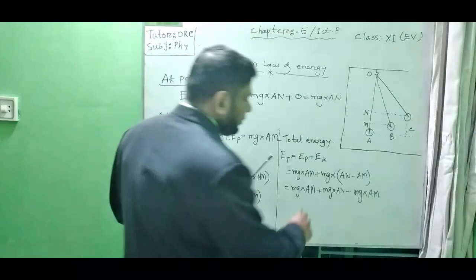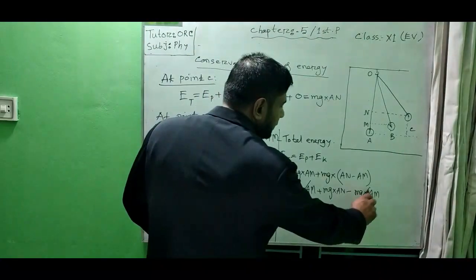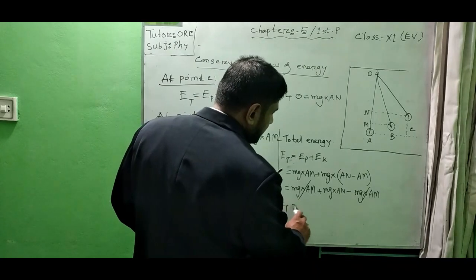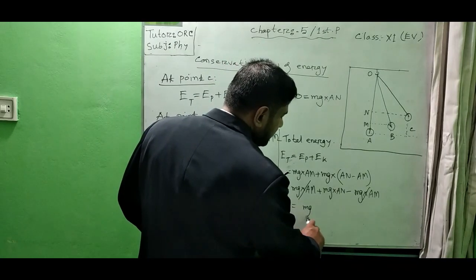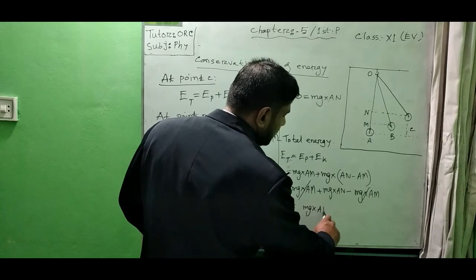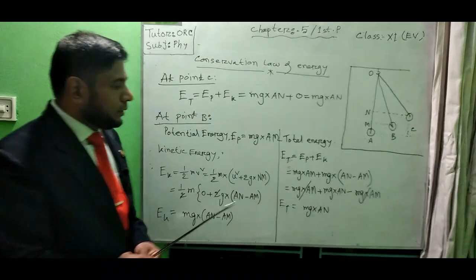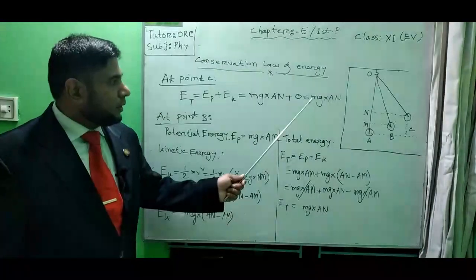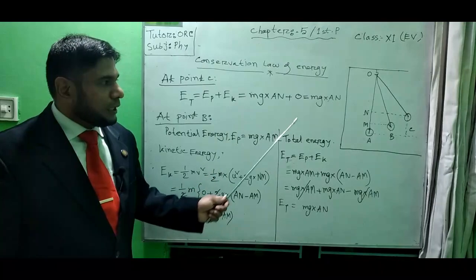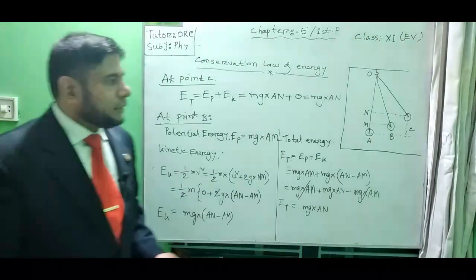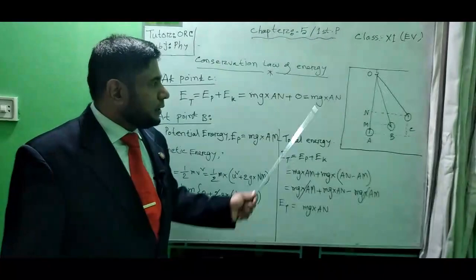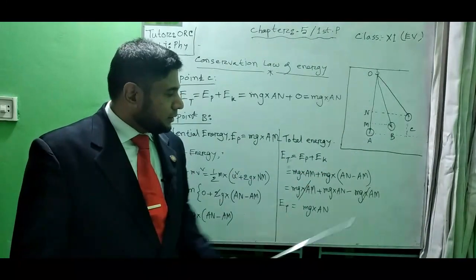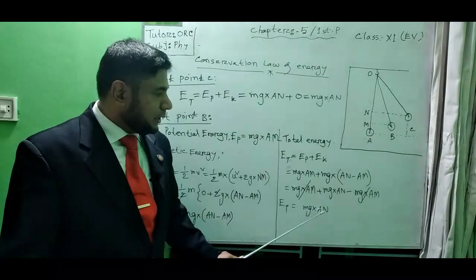So the total energy will be mg into AN. So at point C we have seen that the total energy was mg into AN, and when the object was at position B the total energy is also mg into AN.